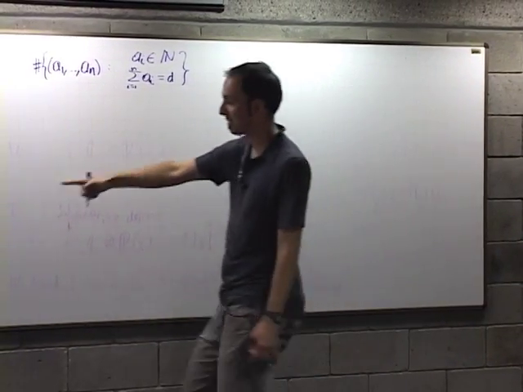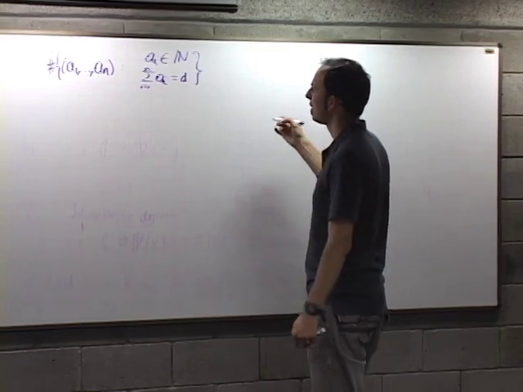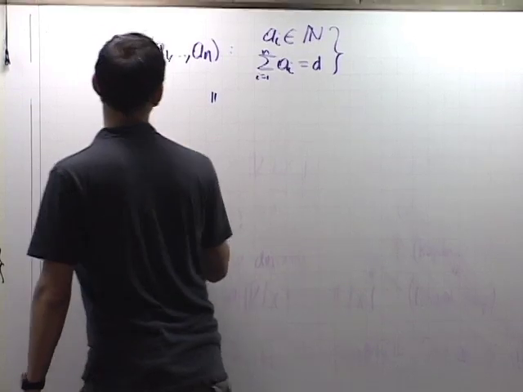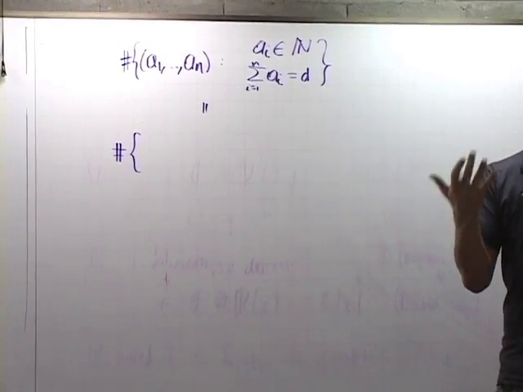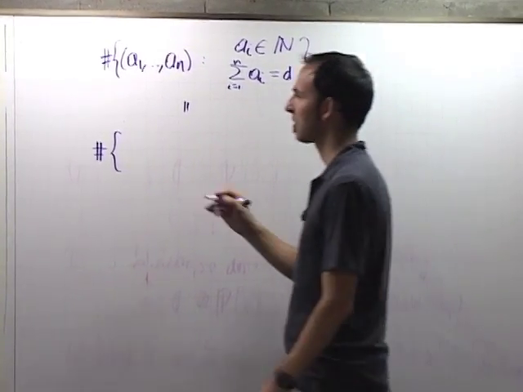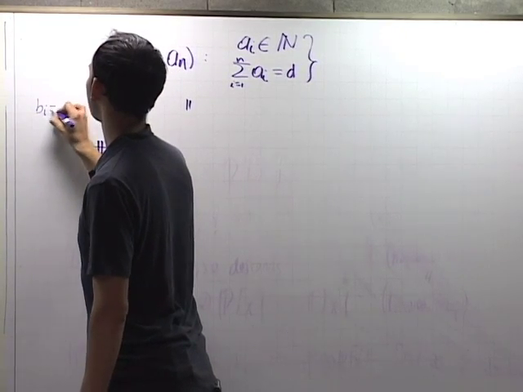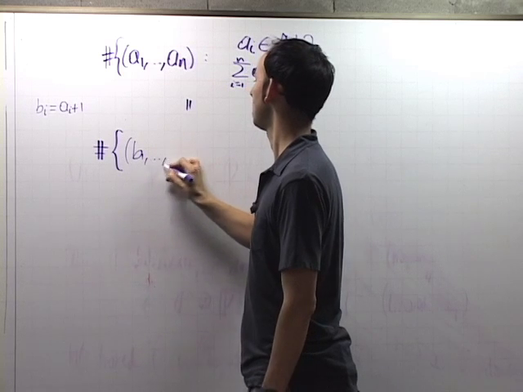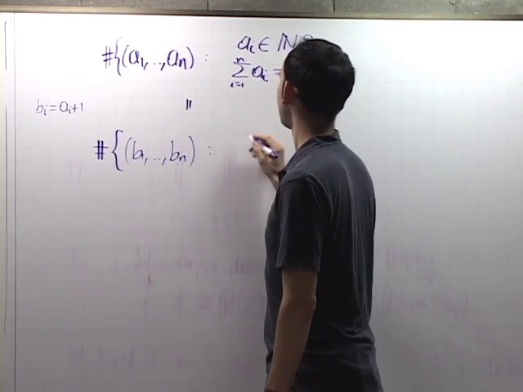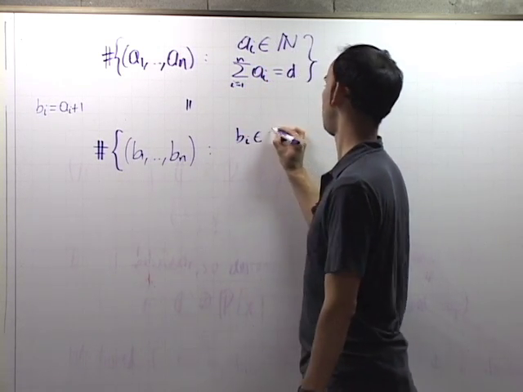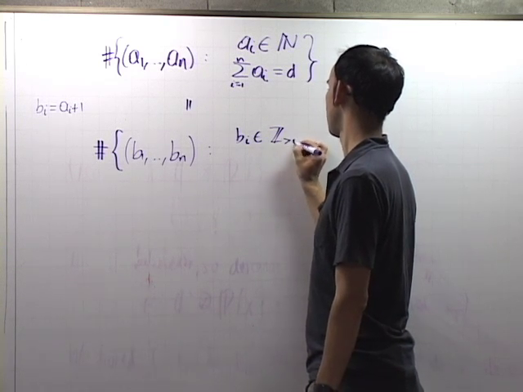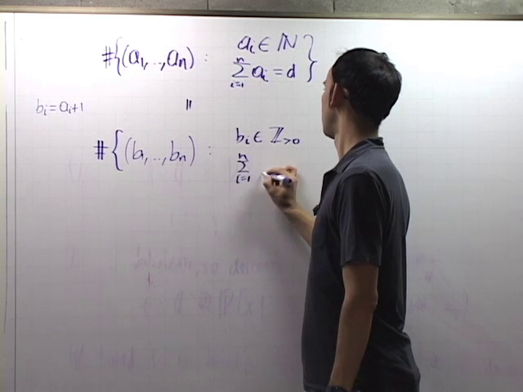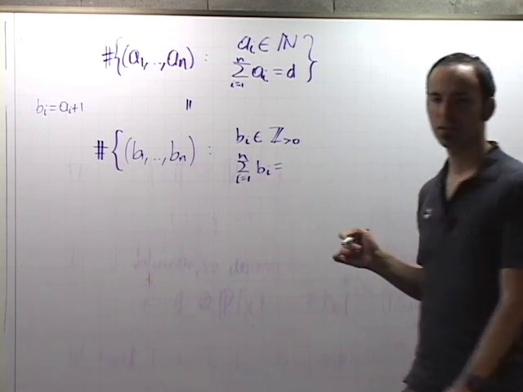At least that's what we need to count, okay? So the trick we do is that we say, let's add 1 to each one of these numbers. So I'm going to just define b_i to be a_i plus 1. So now I need to count the numbers b_1 up to b_n such that the b_i's are now positive integers, and they add up to more.